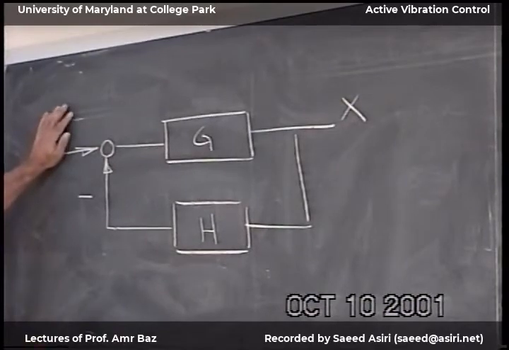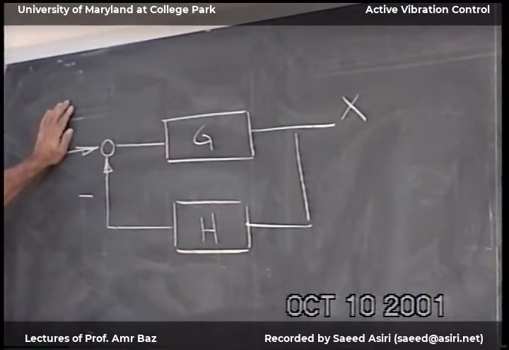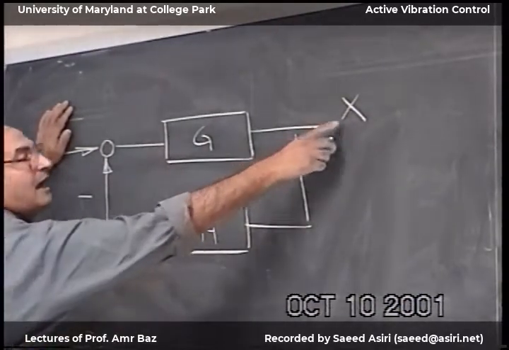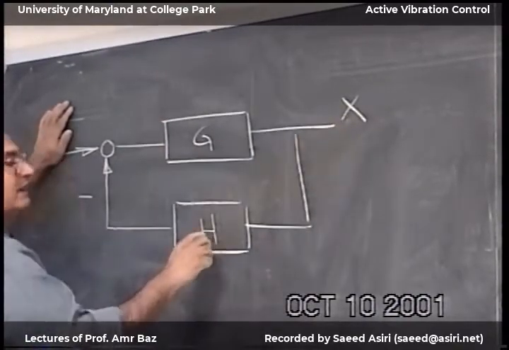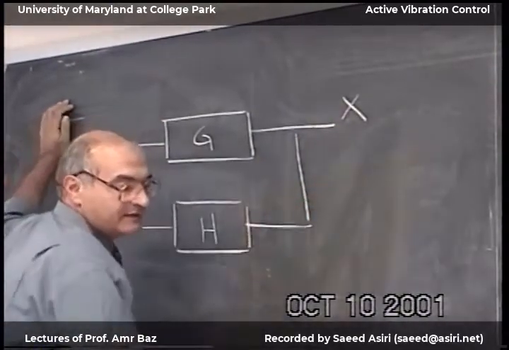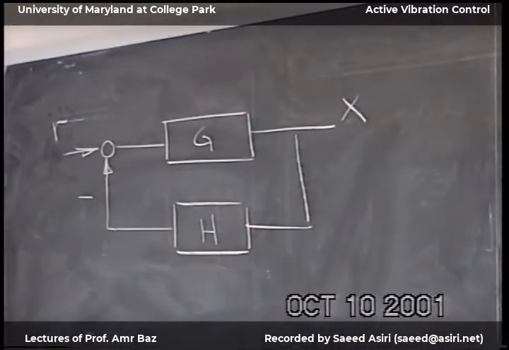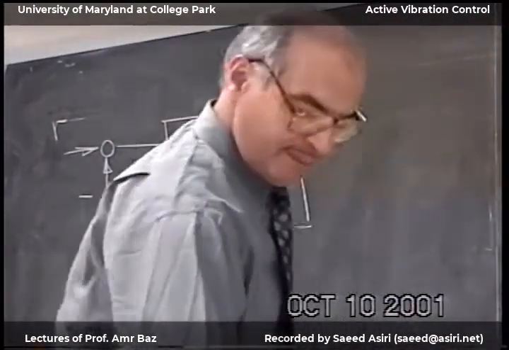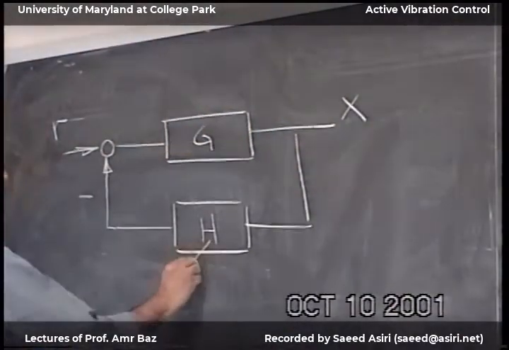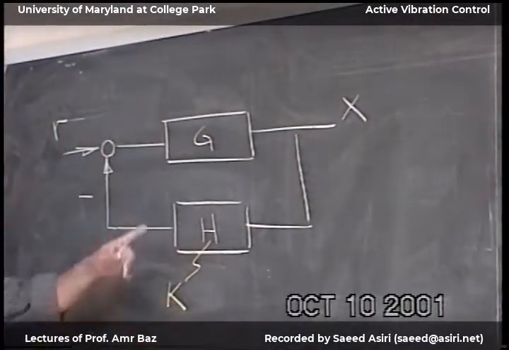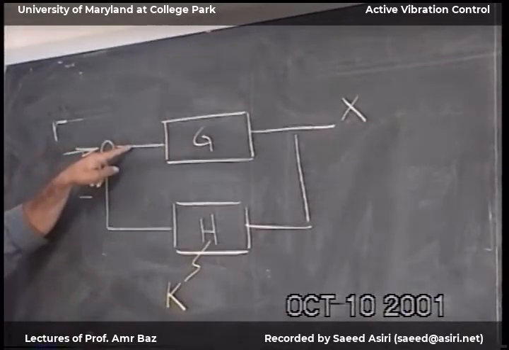If r is equal to 0, this term will disappear. And I'll take x multiplied times H, which is my K here. And the result will be at this point.